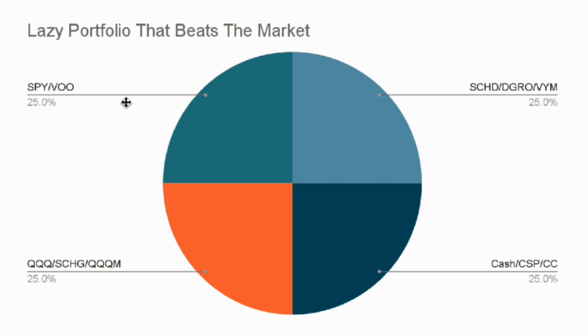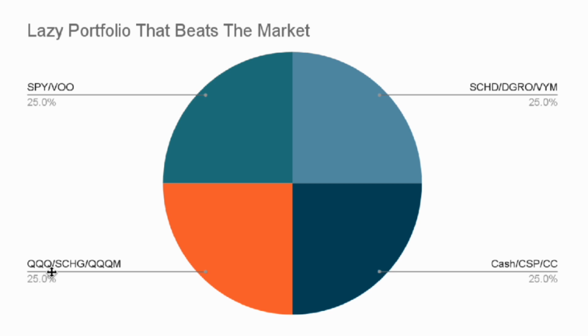If you see here, this is the strategy that I started with. I initially started with 33% investment in SPY or VOO. These are the S&P 500 index ETFs. Then I have another core position in the form of SCHD. You can have DGRO or VYM alternatively. Again, I started with 33%.